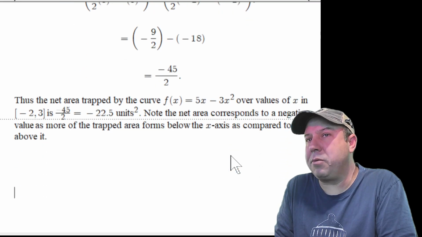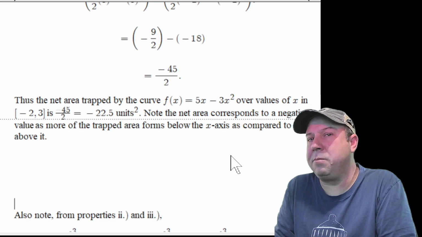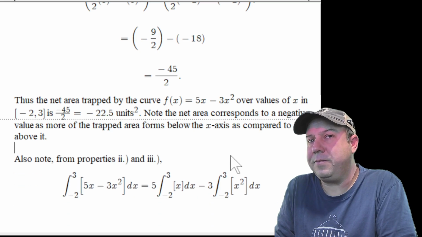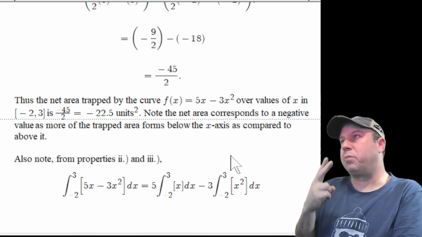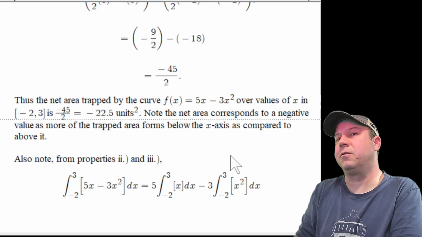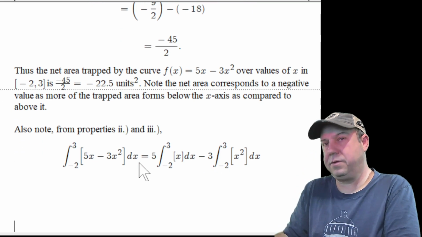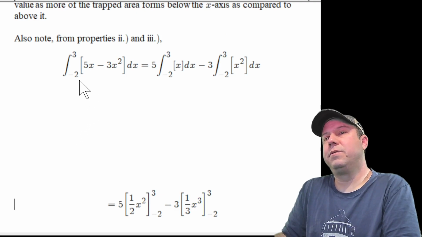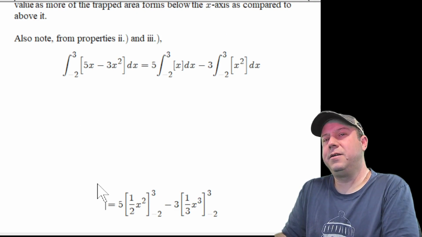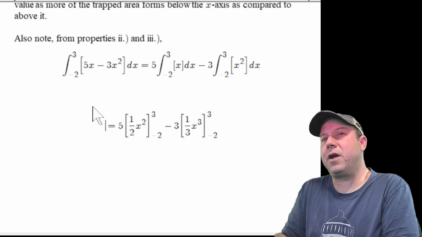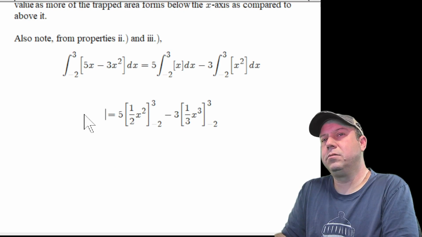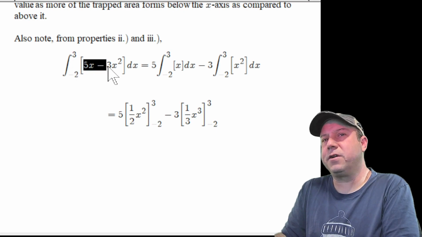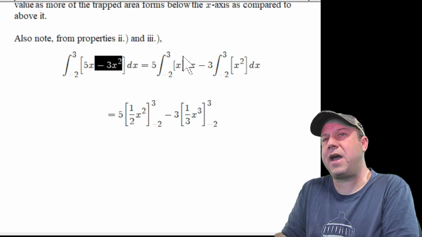But let's compare it to the results we get from the properties above. For example, if we consider using properties 2 and 3 of definite integrals, that definite integral operator will distribute itself across this difference, and those constant multiples of 5 and -3 will factor themselves out.